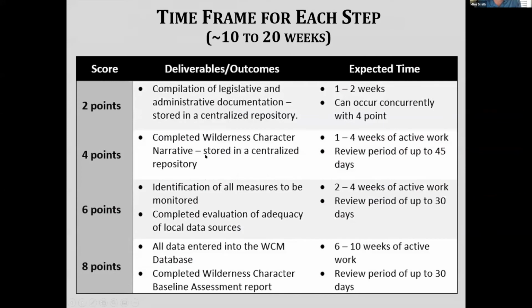So this is a slide, really important. Again, 2, 4, 6, 8 point here. Expected time. We've been doing this since 2018, and this has kind of remained the same since our pilot year in 2018. It could be completely different for each person. So don't think, oh, I finished my 4 point in 2 weeks, I must be doing something wrong, or it's taking me 8 weeks, I'm doing something wrong.